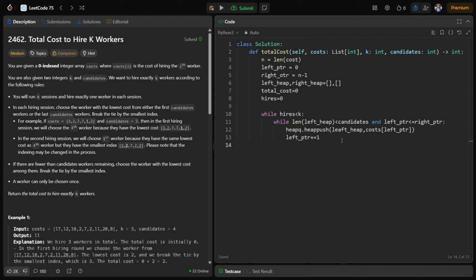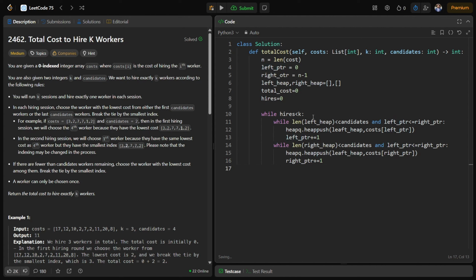So now the same thing I will be doing for the right hand side. So this will get changed to right heap. Okay, and this will be reversed. While right PTR is greater than left PTR, and this will also be changed to right PTR, and this one also will be changed to right PTR.